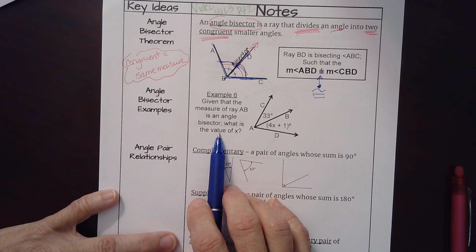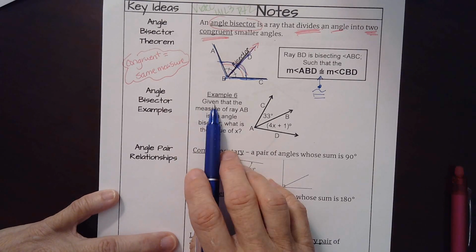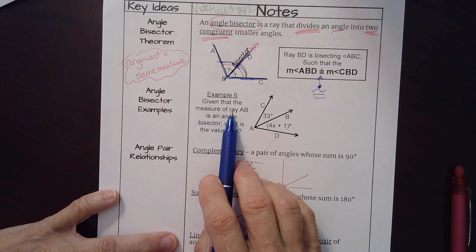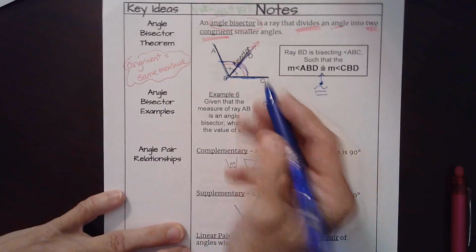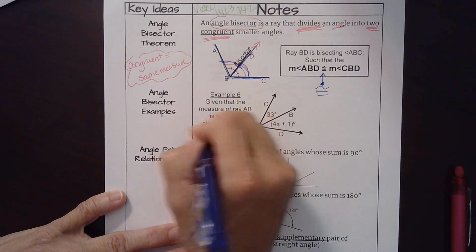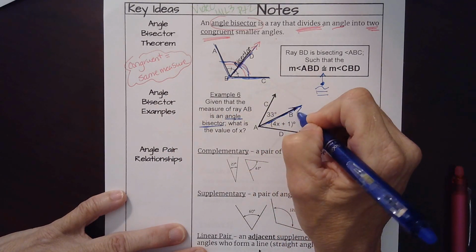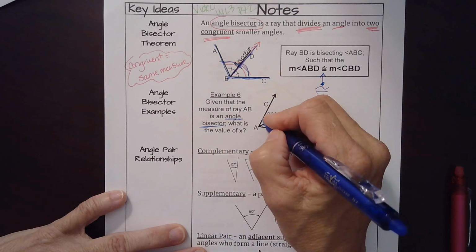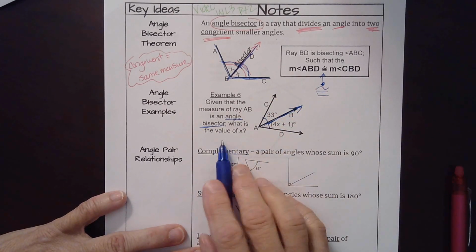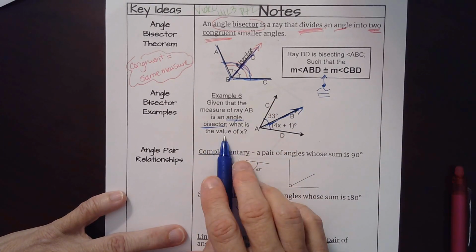It says, given that ray AB is an angle bisector. So AB, we're told, bisects this angle here. What is the value of x?